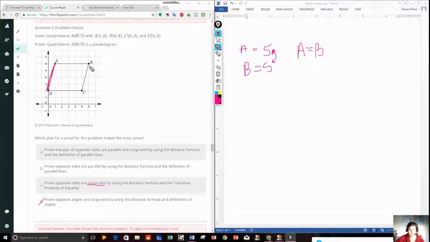So say their distance was 5 and say this distance was 5. Then through the transitive property, I could say, well, this side is congruent or equal to this side because of the transitive property. They're the same. So that one makes the most sense.